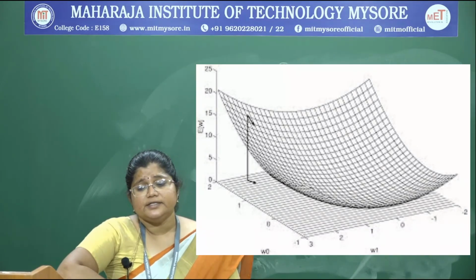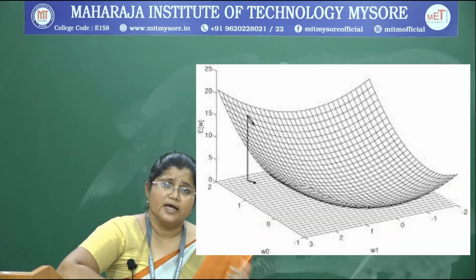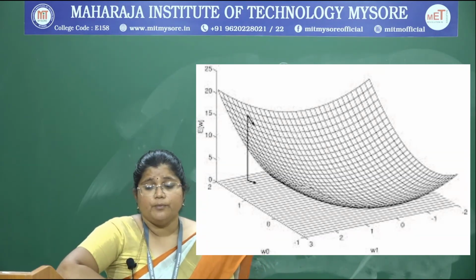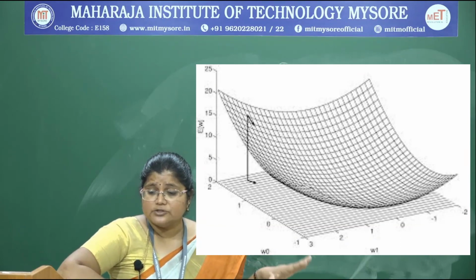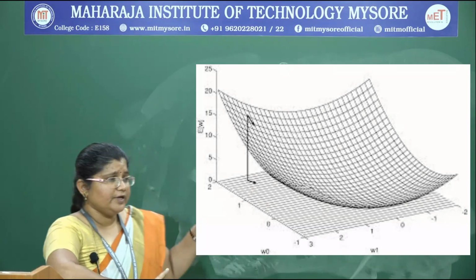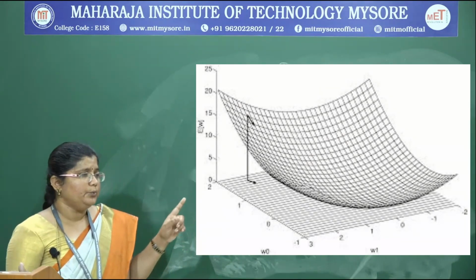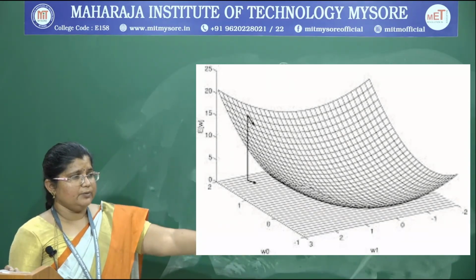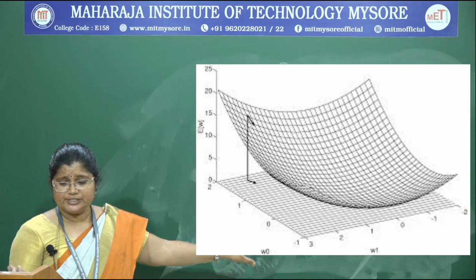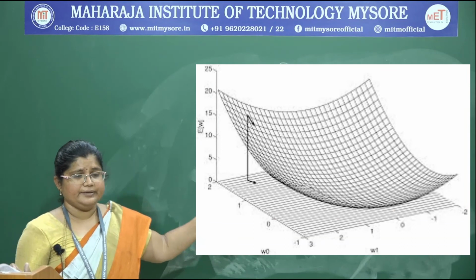To understand the gradient descent algorithm, it is very helpful to visualize the entire hypothesis space of possible weights and their associated error values, as shown in this figure. This figure highlights two weights, W0 and W1, and vertically we represent the error.